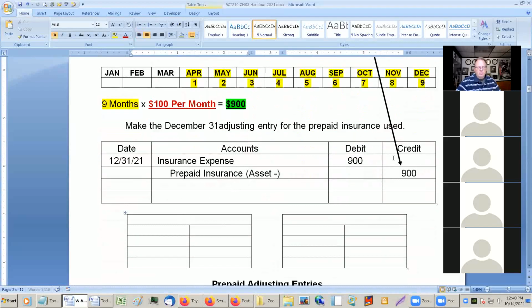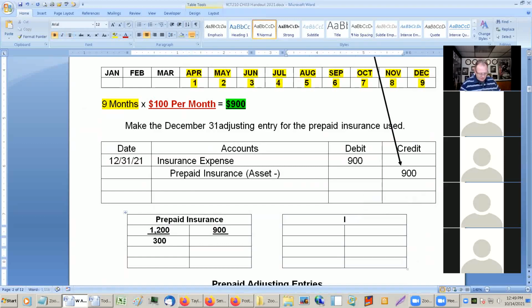If you come down here, our prepaid insurance, we started out with 1,200 in there. Those are T accounts that we had in the last chapter. If we were to see what's left over, it's 300.